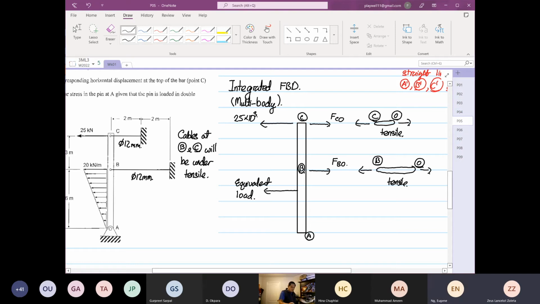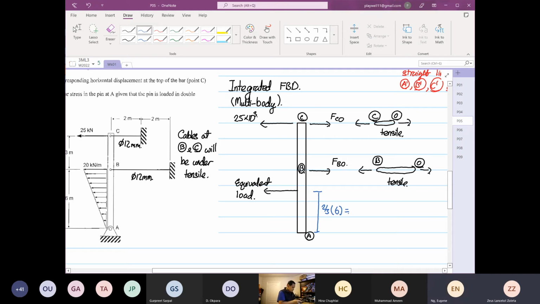Okay, so the equivalent load, some of you might ask me, Eugene, what is that distance? What is that distance of the equivalent load? So from here over here is 2/3 multiplied by the length of 6 meters.